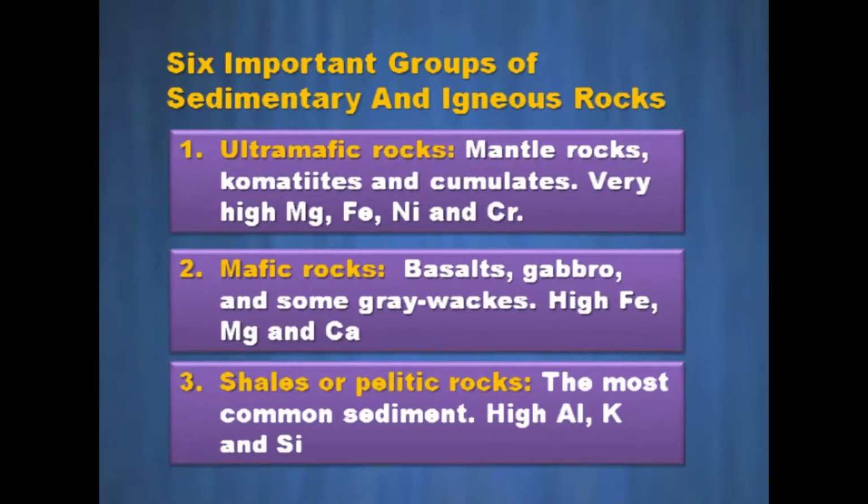First, ultramafic rocks, mantle rocks, komatiite and cumulates, very high Mg, Fe, nickel and chromium. Second, mafic rocks, basalt, gabbro and some graywacke, high Fe, Mg and calcium.